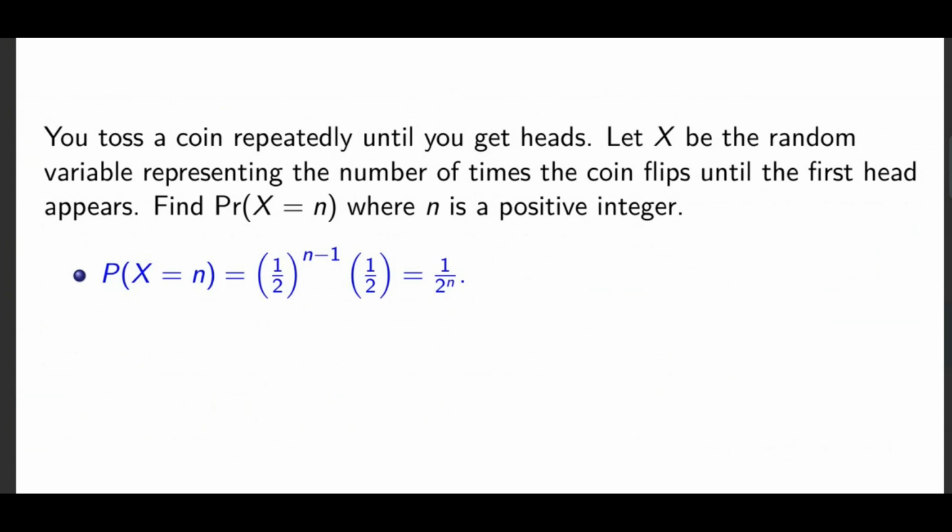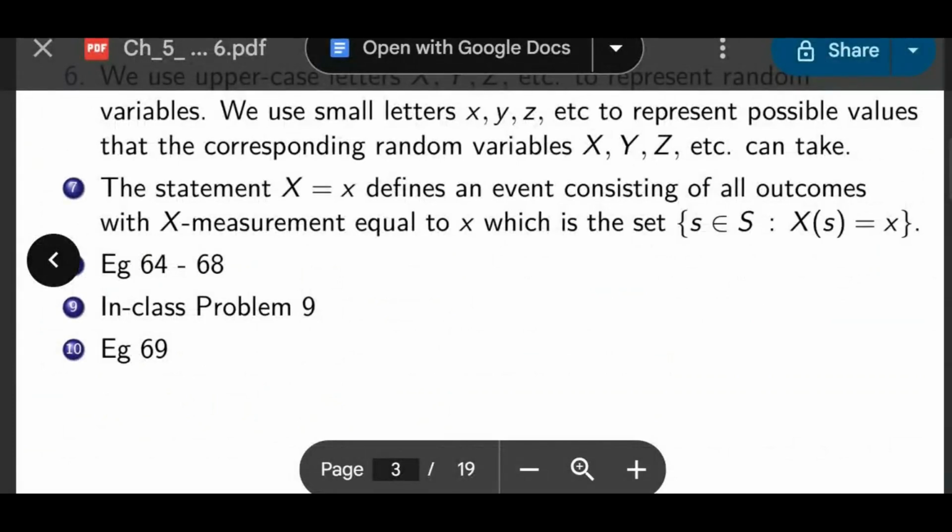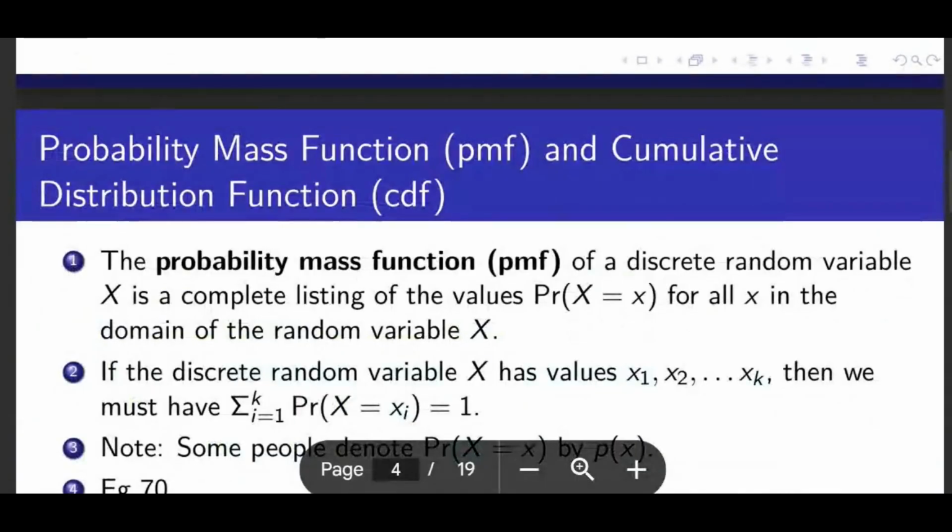So there are examples which are not covered in this class. 69 is one of them, so you can cross that out. All right, so we will skip 69 and then go on with our slides.